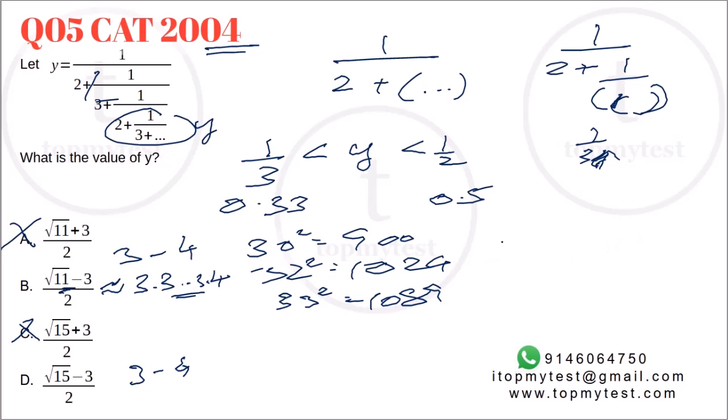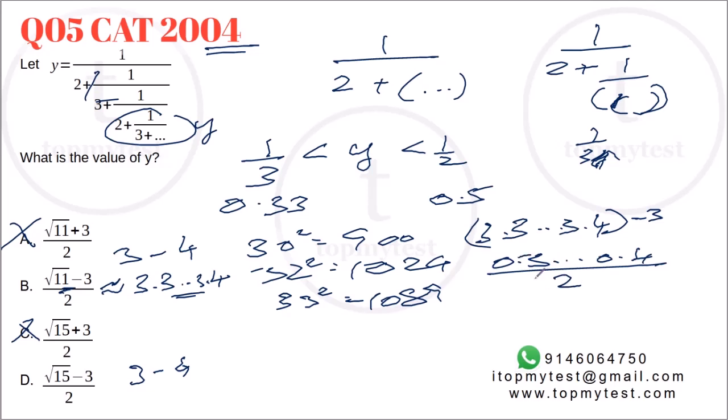So a number which lies between 3.3 and 3.4, you subtract 3 from it, your value will be between 0.3 and 0.4. The problem is you have to divide it by 2 again. If you divide it by 2, you will get 0.15 to 0.2. It will lie between 0.15 and 0.2. But I need 0.33 to 0.5. So this is out. Option D will be your correct choice.